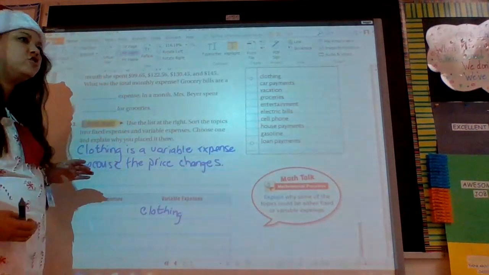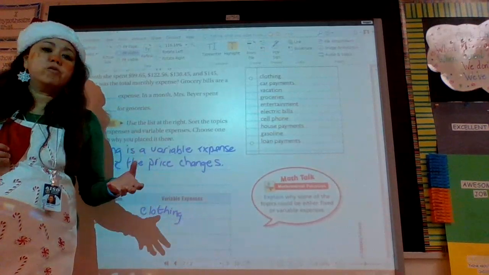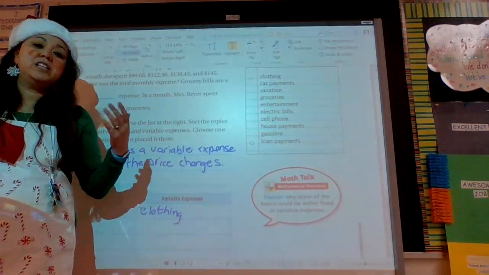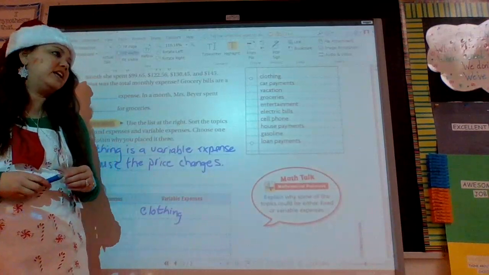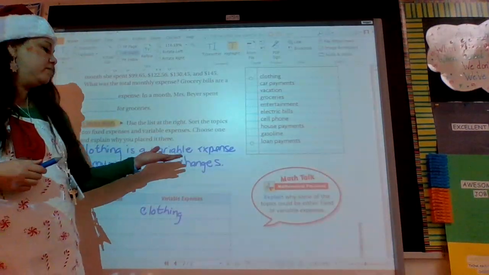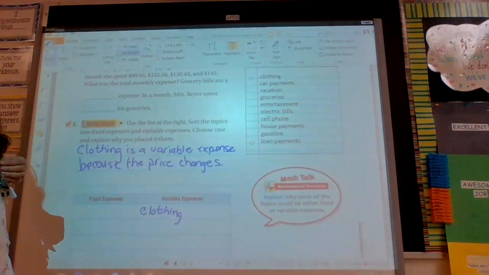Not only does it change at different stores, but sometimes a store can run a sale one day and it'll be a different price one day and then back to an original price the next day. So prices on clothing change, and that would be a variable expense.